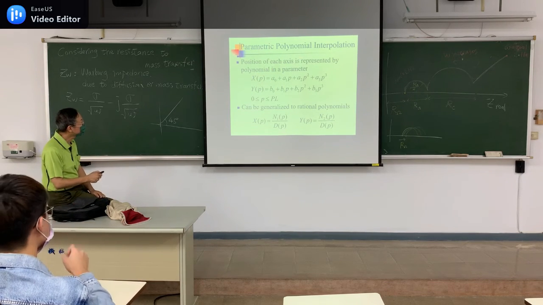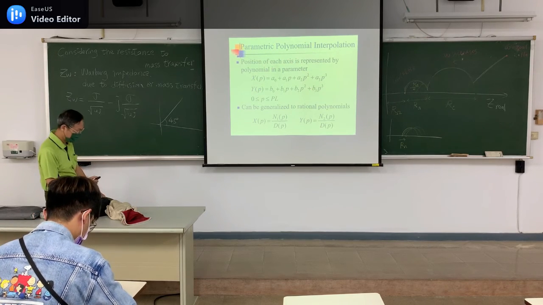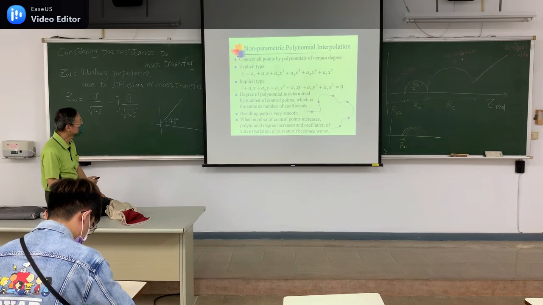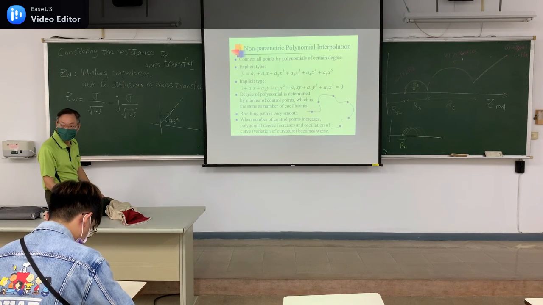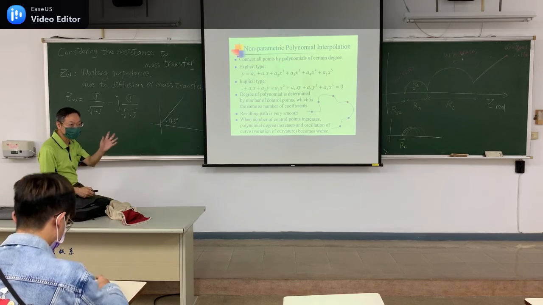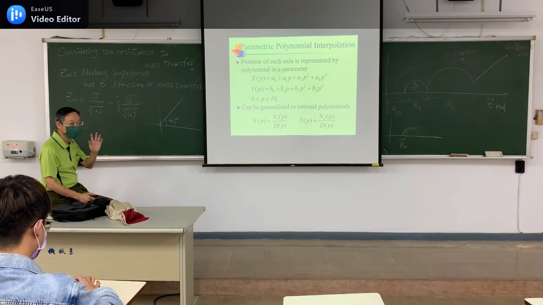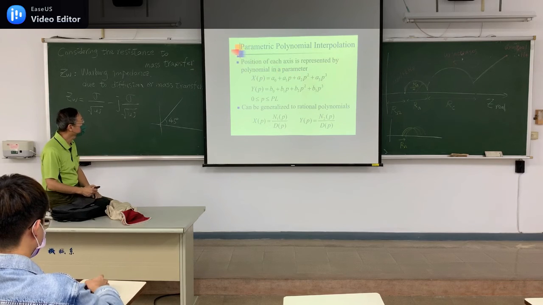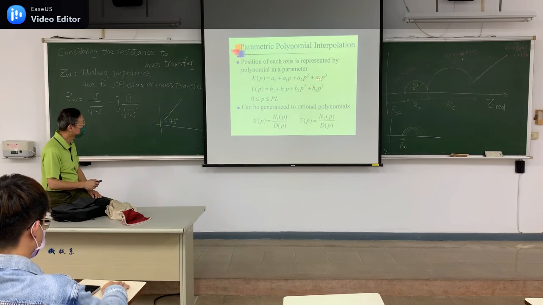So here the polynomial is a polynomial function of the parameter. Before, the polynomial was a polynomial function of coordinates. So that is the difference. S is a polynomial function of P. Y is a polynomial function of P.